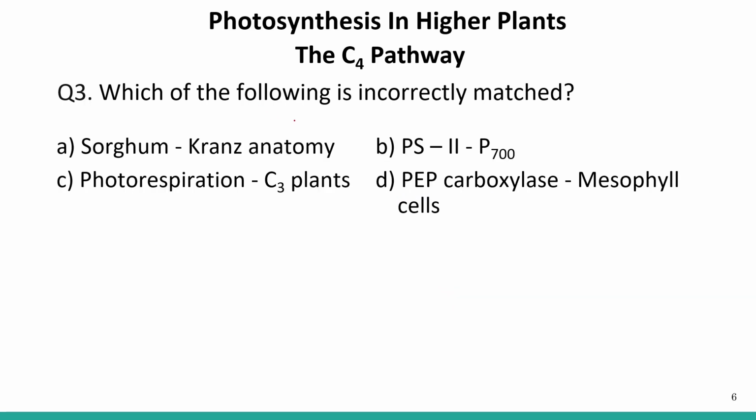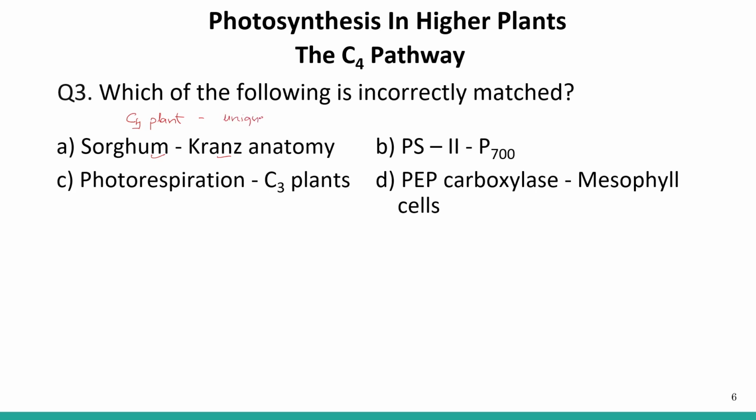The next question is, which of the following is incorrectly matched? The first option is sorghum and Kranz anatomy. Sorghum is a C4 plant. And C4 plants show a unique leaf anatomy.